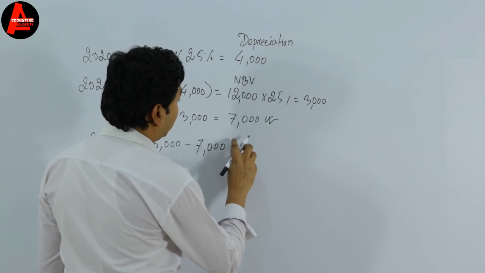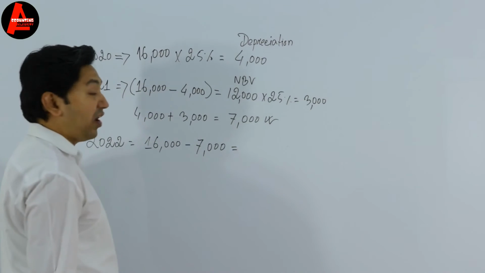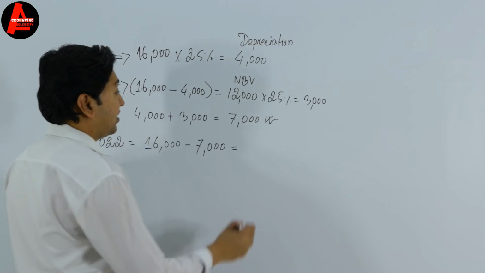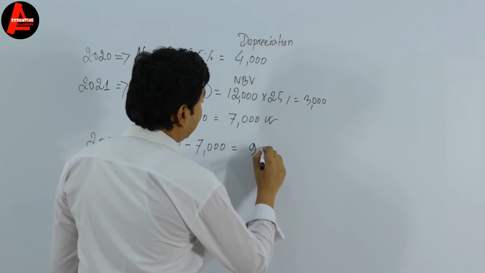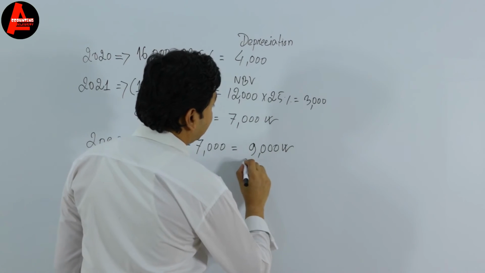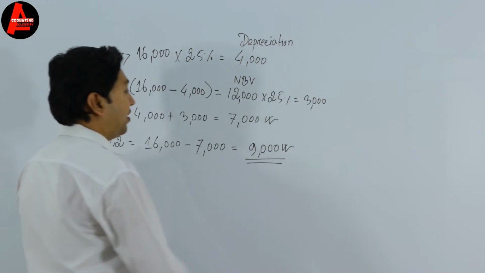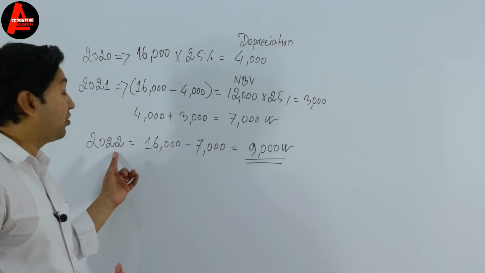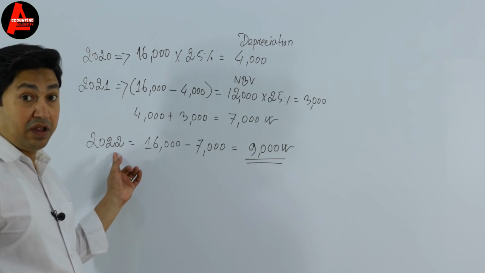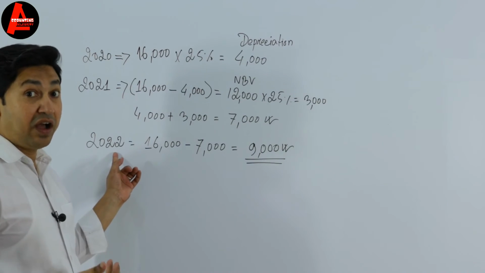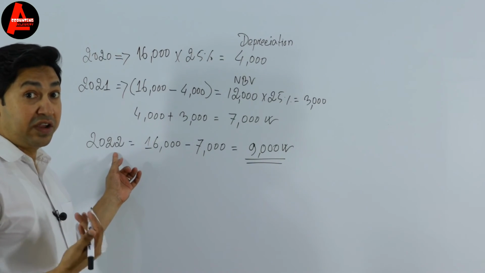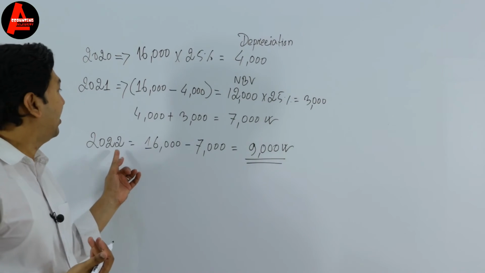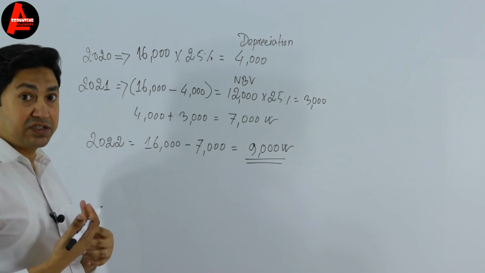Right now the net book value of the motor vehicle is $9,000. This is the net book value. So on 31st December 2022, she will calculate her loss or gain on the disposal of this motor vehicle, which she sold in 2022.